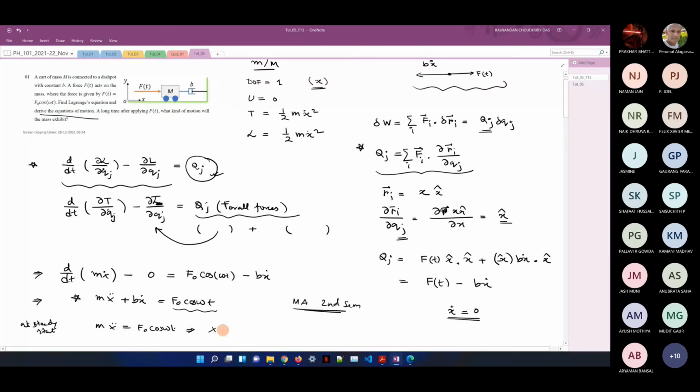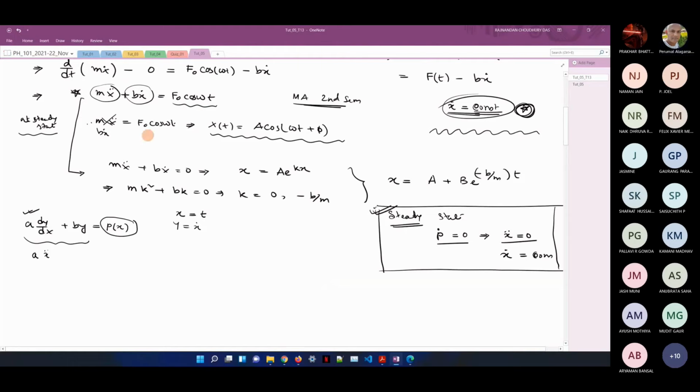So our x will be equal to some constant times cos omega t plus phi. We have already solved this part, for when this oscillation is not there. Initial force is f not equal to 0.